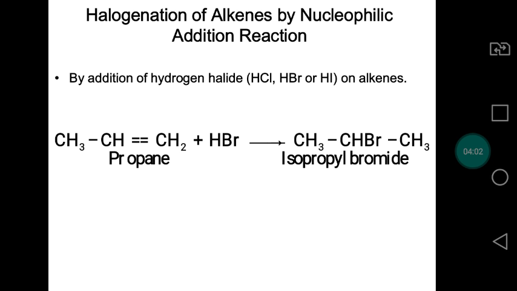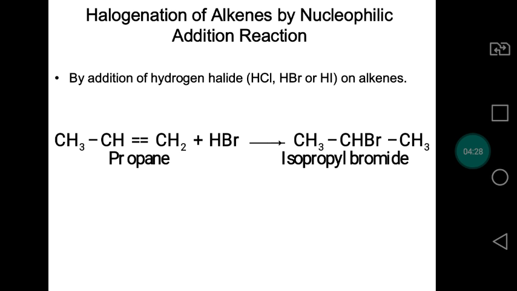CH3CH=CH2, propene, plus HBr will give 2-bromopropane or isopropyl bromide. So here, as per the Markovnikov rule, bromide is going to the carbon which has less number of hydrogens, or in another way we can say the more substituted carbon. This is the Markovnikov rule.